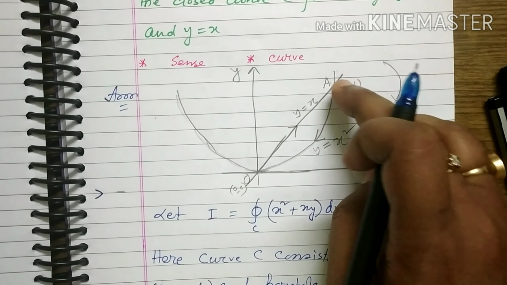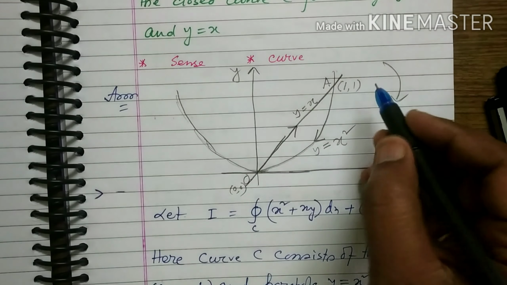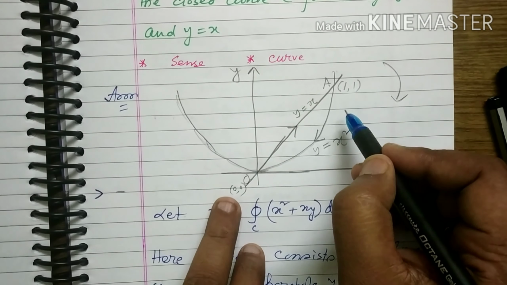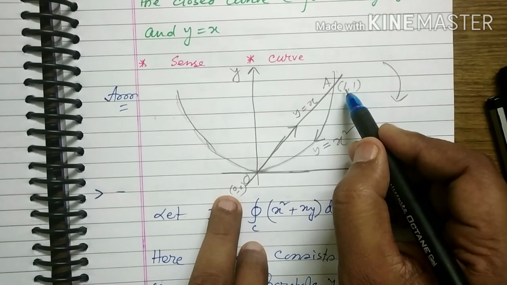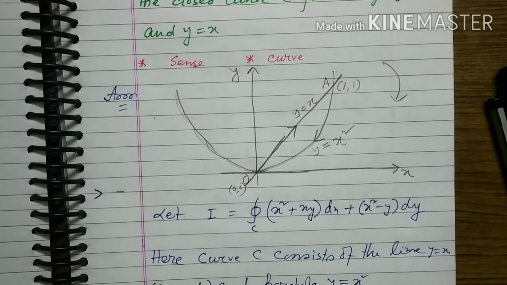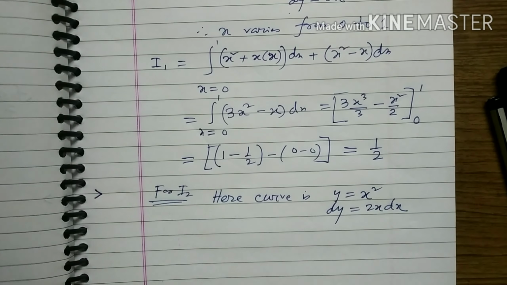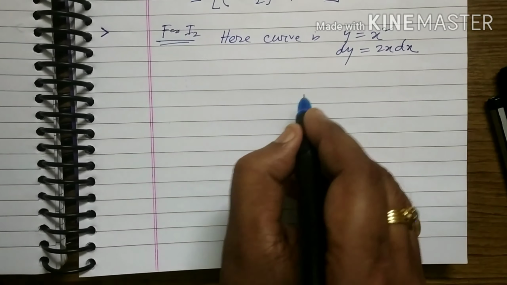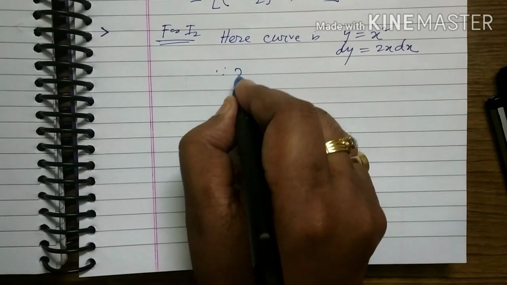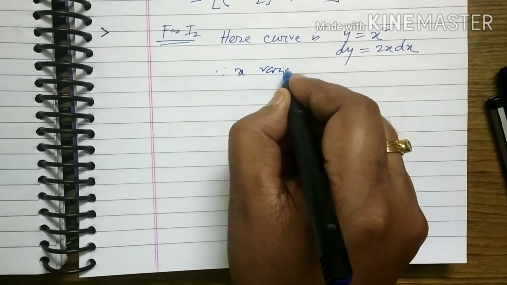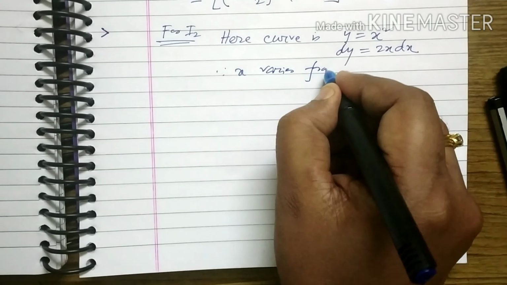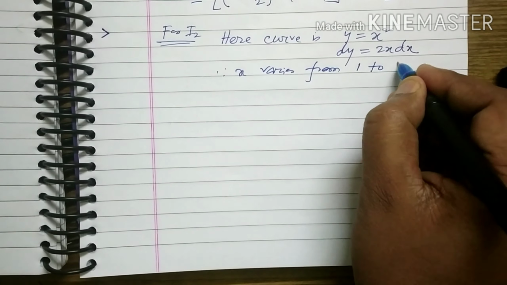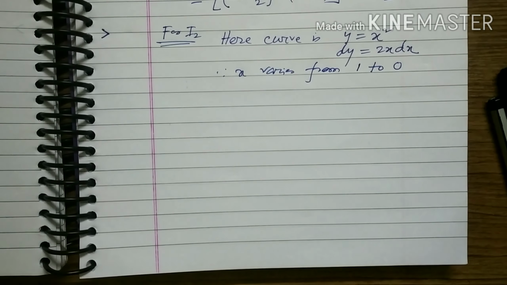Along the curve in that direction, your x varies from 1 to 0, since the points go from 1,1 to 0,0. Therefore x varies from 1 to 0.